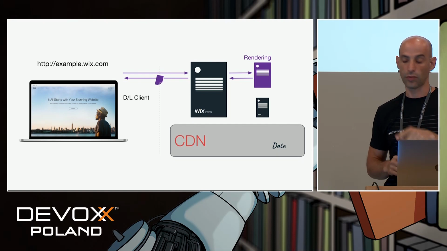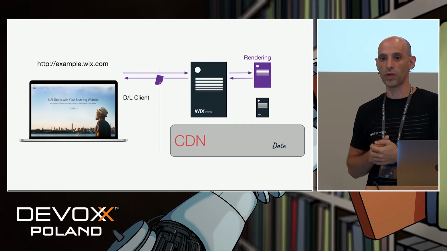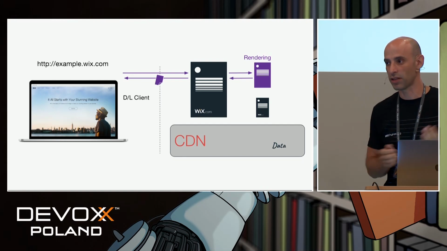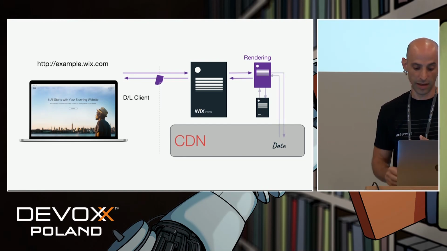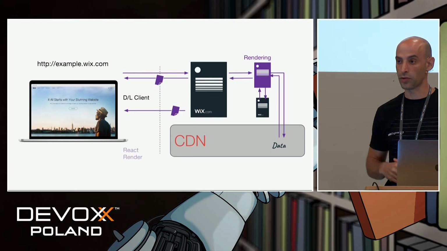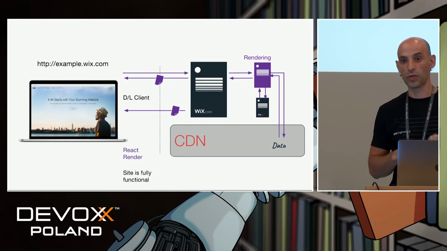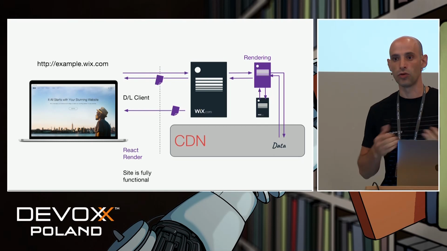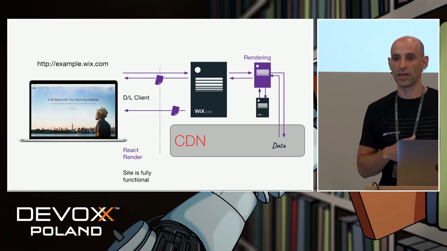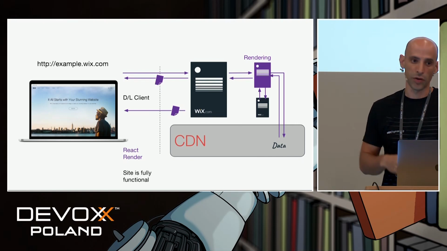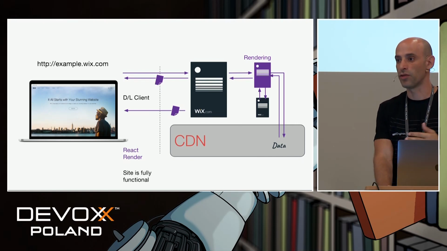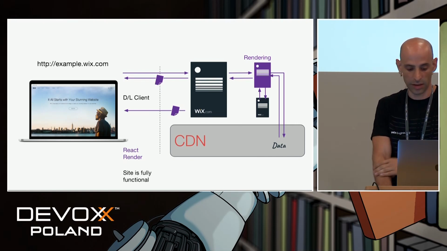Once we got to the renderer, we return the first chunk, almost immediately. Then we do the other rendering on the server, and then return it to the client. Once we return that to the client, that is when the site becomes visible. Then we re-render, and then the site is fully functional, not like before.